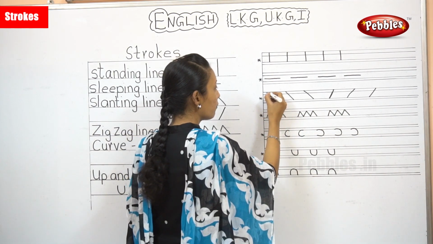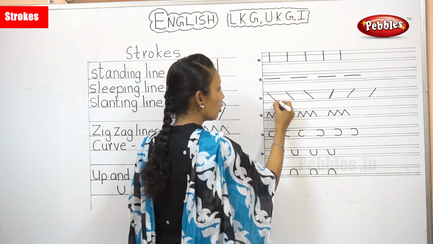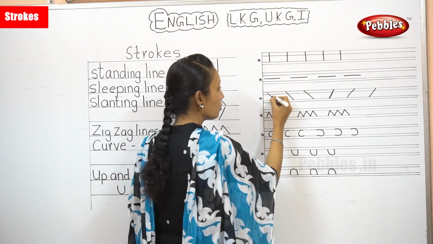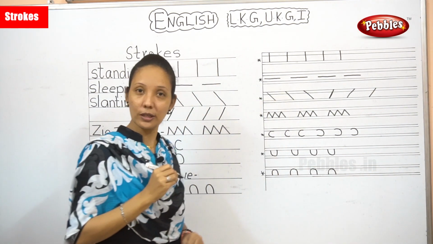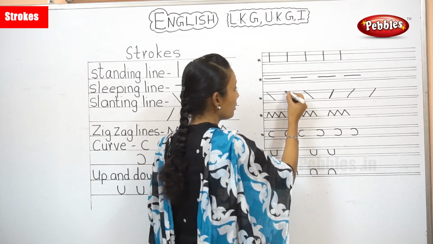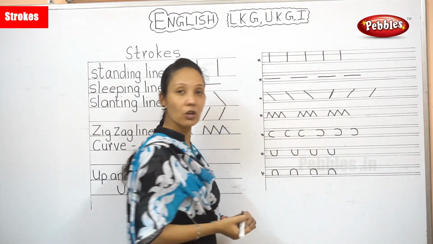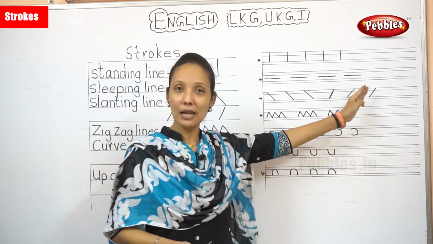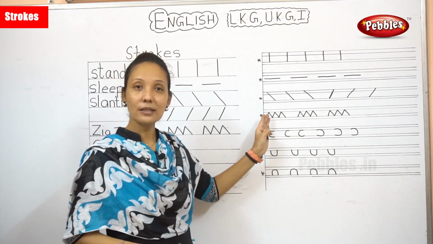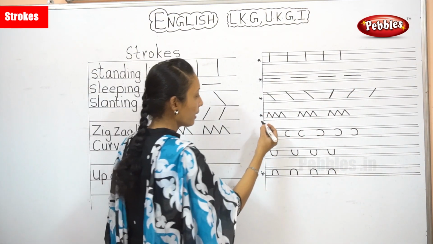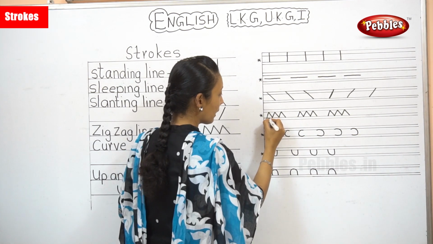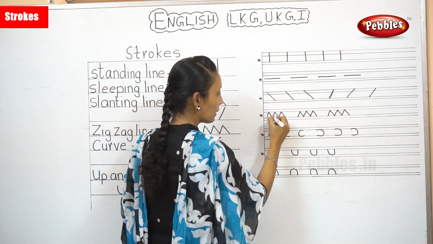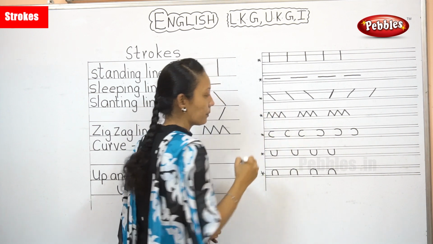Slanting lines from your first line to your third line. Okay. Again a first line to your third line. That is your two types of slanting lines. Now next is zigzag. Zigzag, you start from the third line, go up, again down and up.